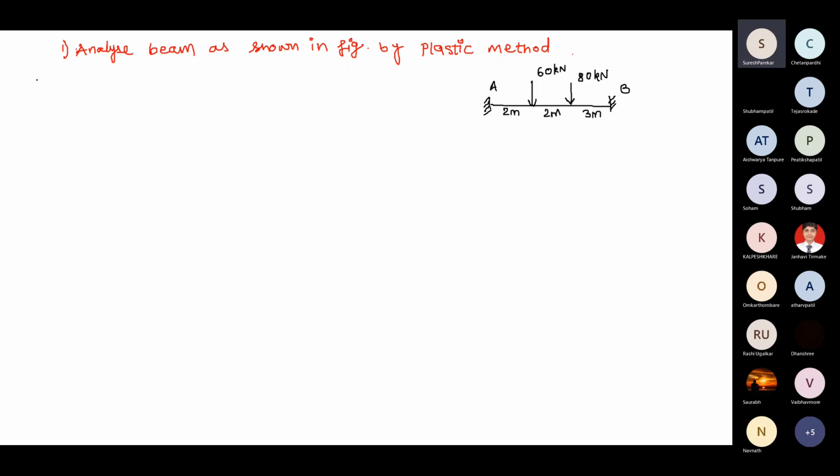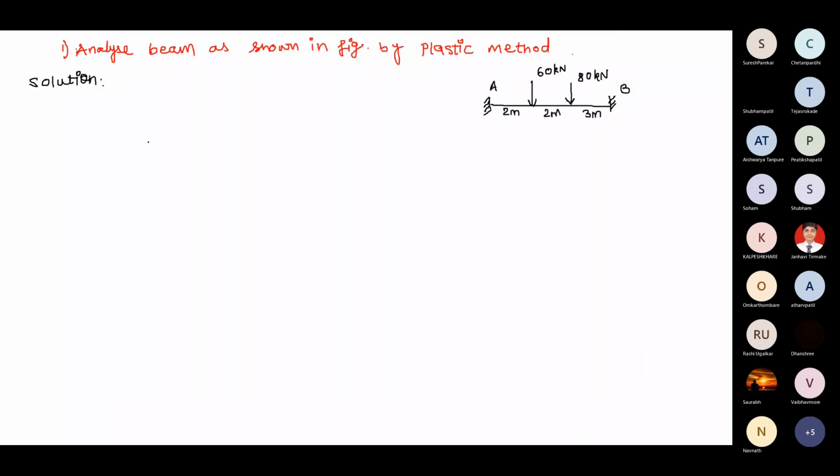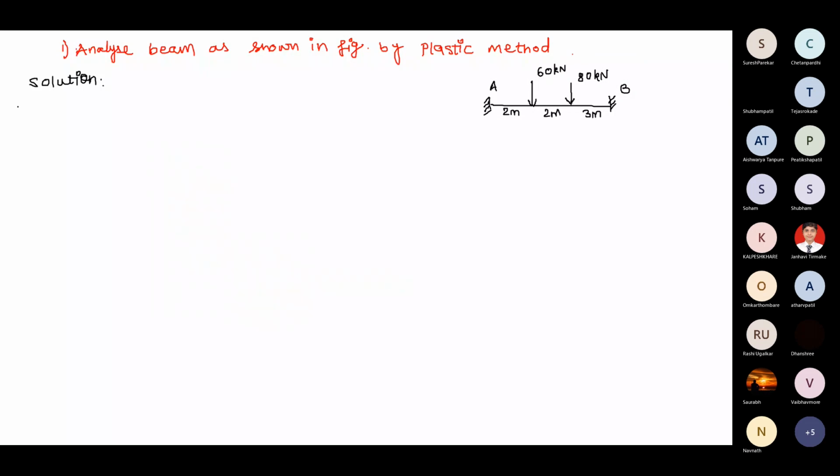So we have solution. So step 1, static indeterminacy.